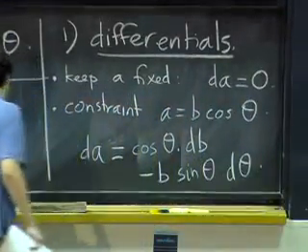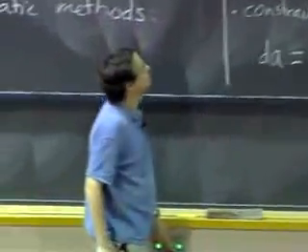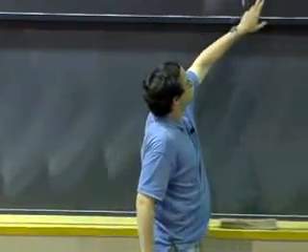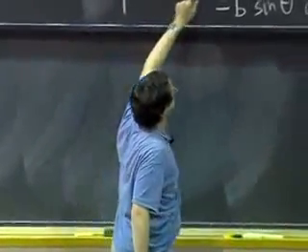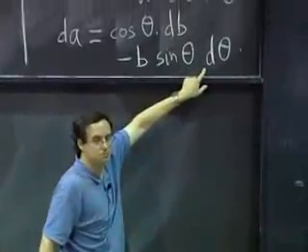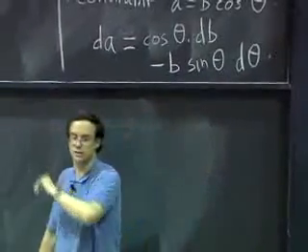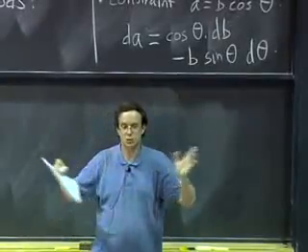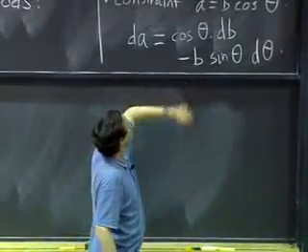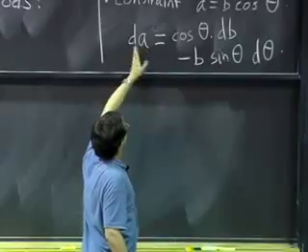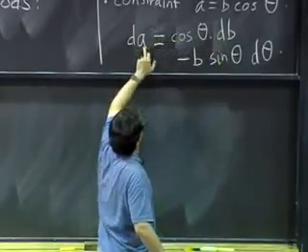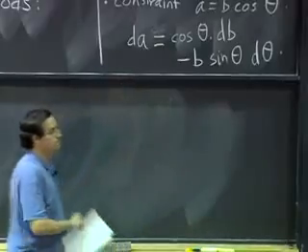So now we have a constraint that's relating dA, dB, and d theta. That's actually the same sort of thing as what we did at the beginning when we related dx, dy, and dz. That's really the same thing, except now our variables are A, B, and theta. Now we know that also we're keeping A fixed, so actually we set this equal to 0.